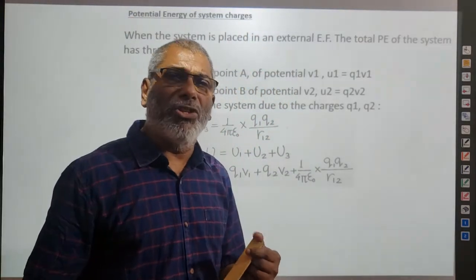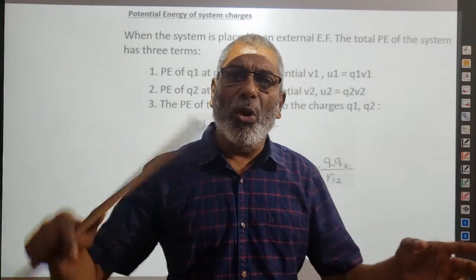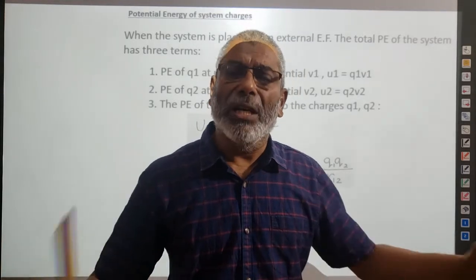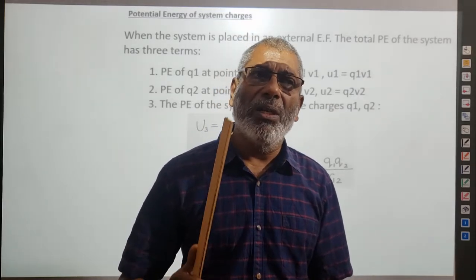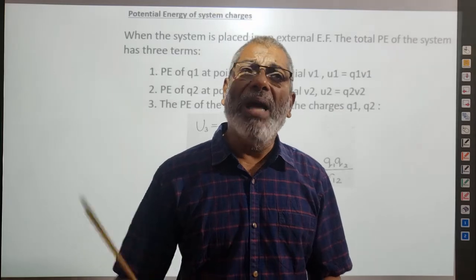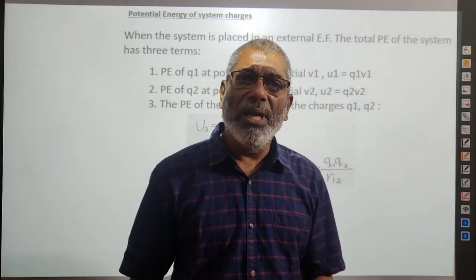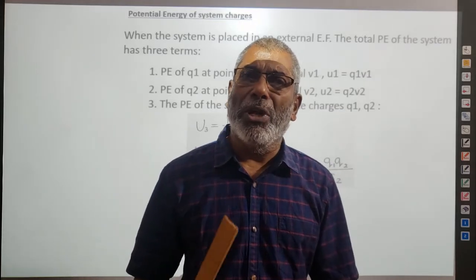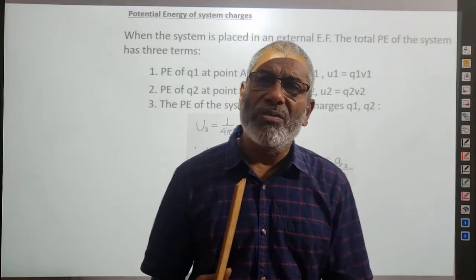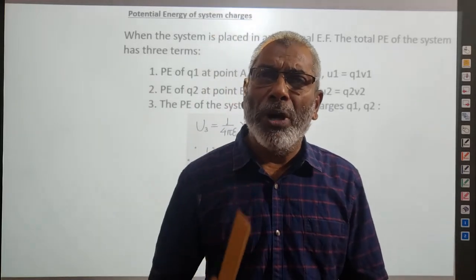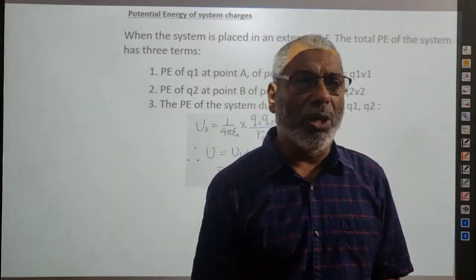Then the total potential energy stored in the system has three terms. One is the potential energy of charge Q1 at A, because the point A is in the electric field. At A, the potential is VA. Many times I have said, potential at a point in an electric field is the potential energy of unit positive charge.